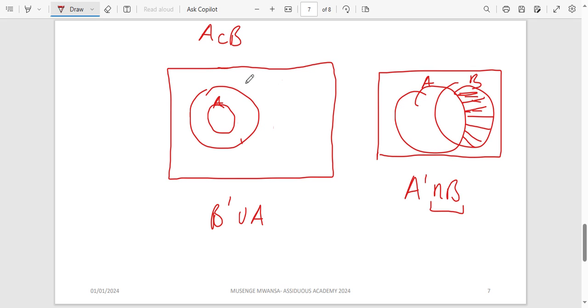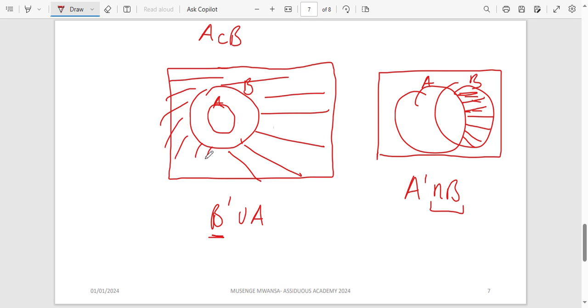So A is inside there, B is outside here. B complement means everything outside B. So we are shading that region outside B. Union A means also shade the set A. So this would be your set. Is that okay?